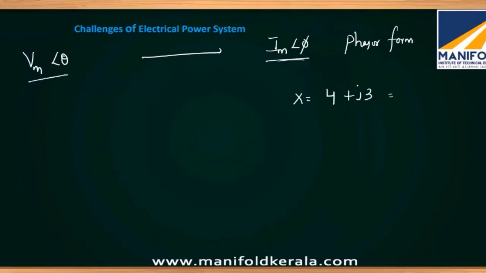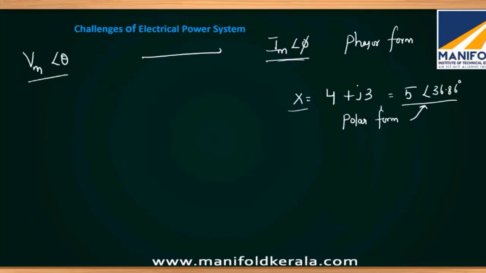The magnitude of this is square root of 4 square plus 3 square, which is 5. And the angle is tan inverse 3 by 4, which is 36.86 degrees. This is a polar number, the polar form of x.